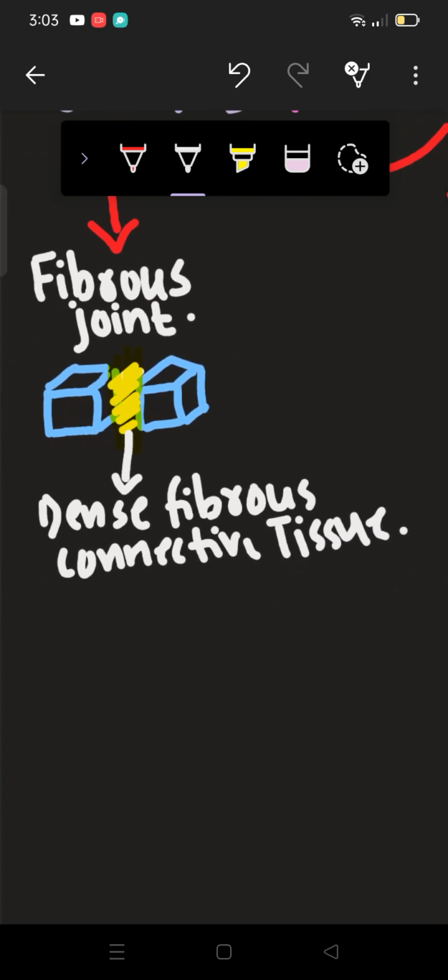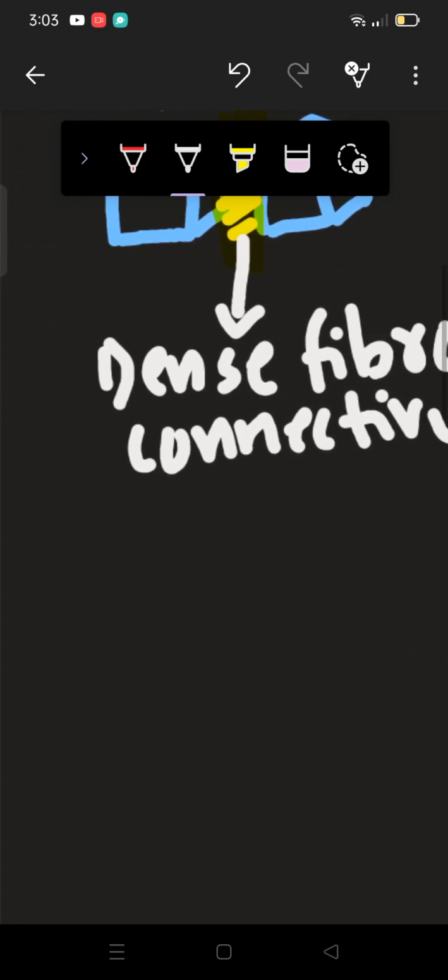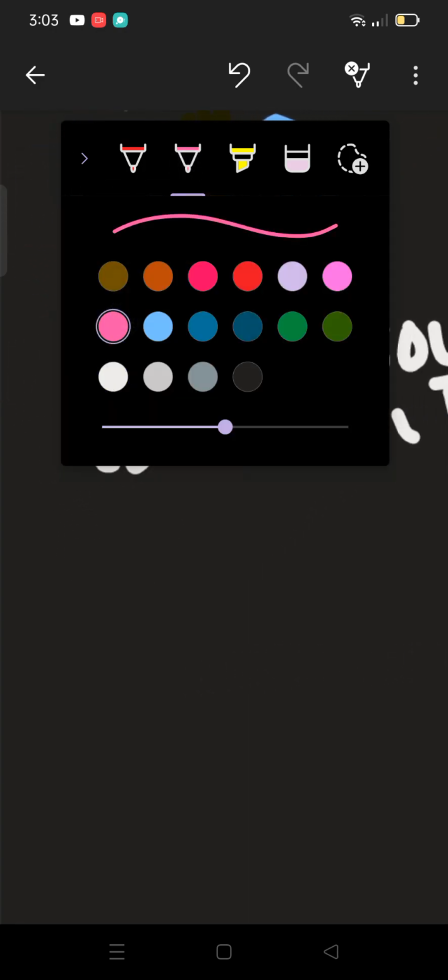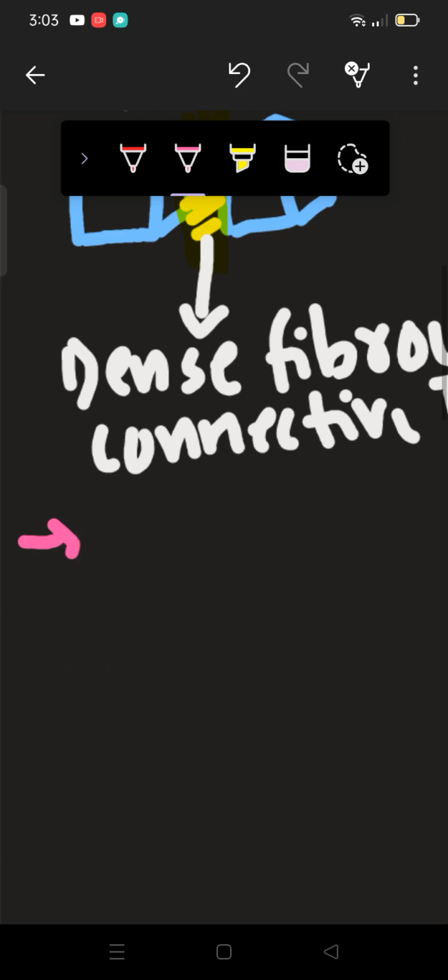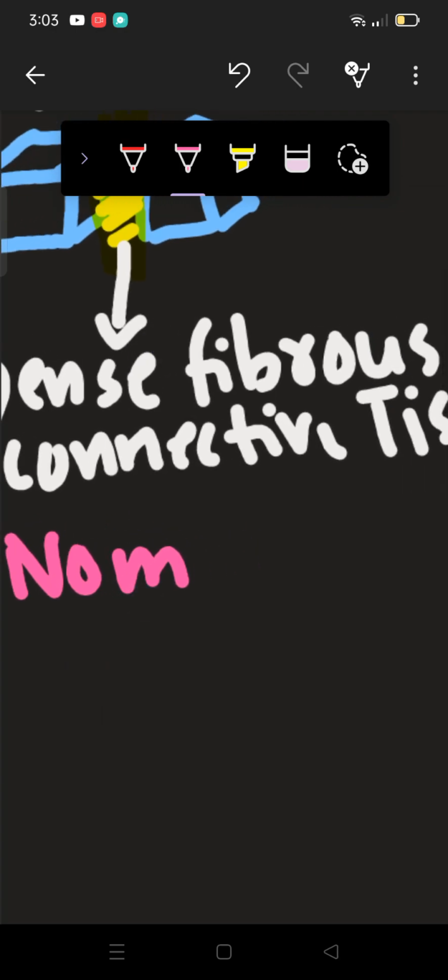Okay, let's talk about whether this is movable or not. Here we'll have no movement at all, which means wherever we have this fibrous joint, we will not have any movement in that part.